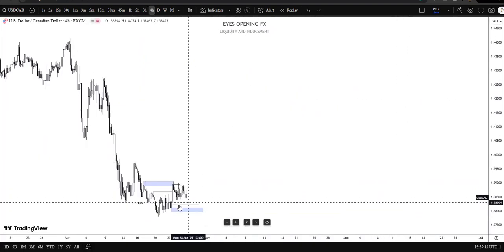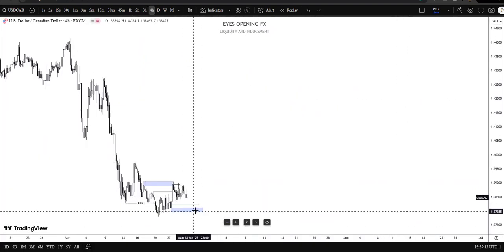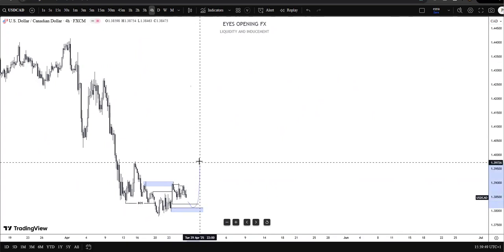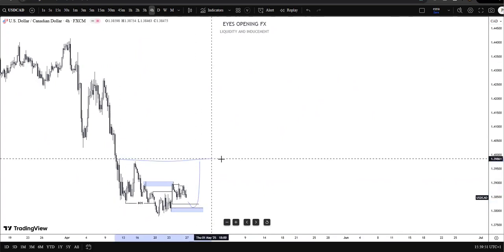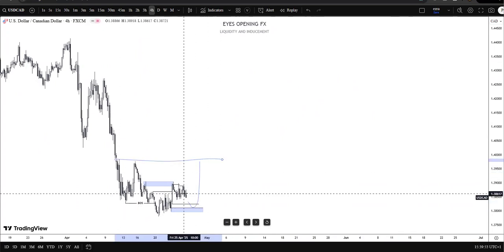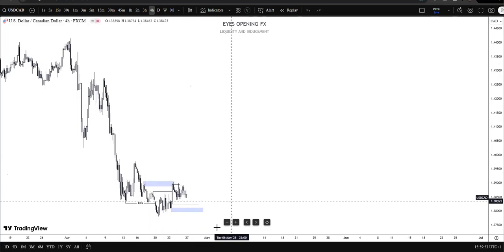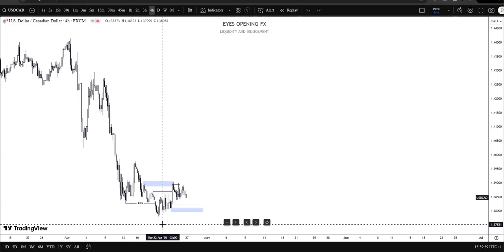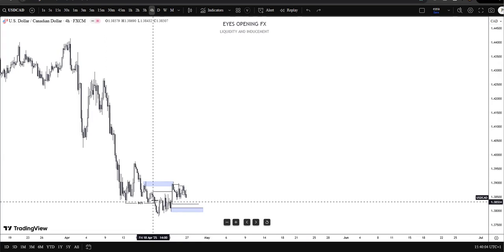So if the market comes back to this zone and gives us a reaction, then we look for a run from here to the upside, majorly this imbalance, majorly that imbalance. That is our major zone, and we understand that since last week the market has not given us any strong strength.